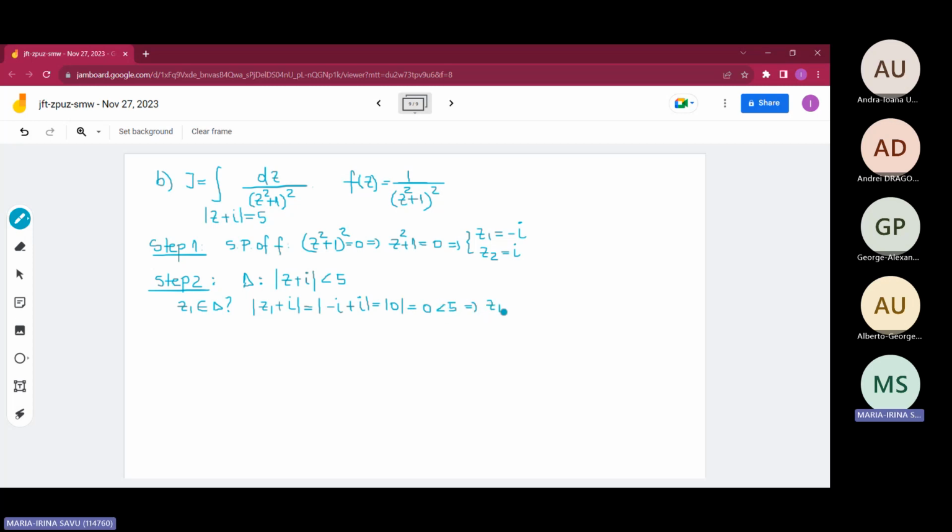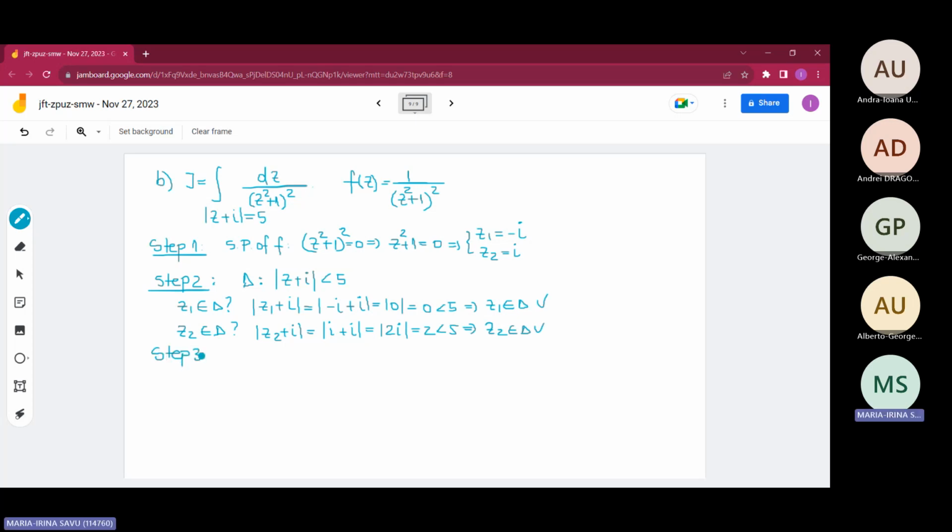So this is in delta. Again, for z2, we compute the modulus of z2 plus i, which is the modulus of i plus i, which is the modulus of 2i, which is 2, which is less than 5. So z2 is also in delta.